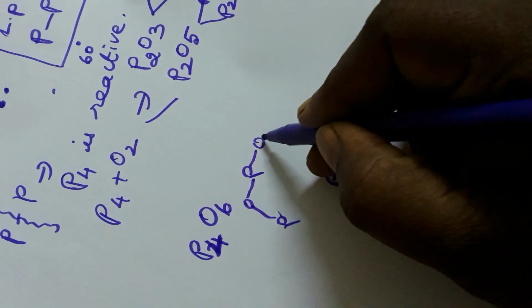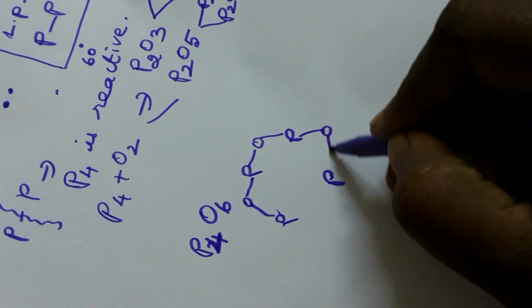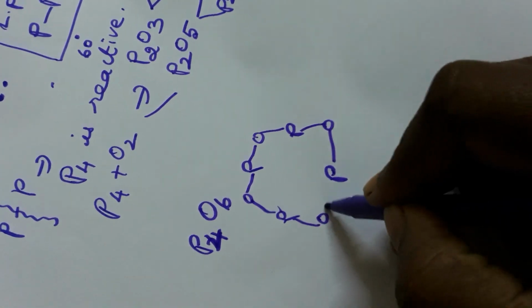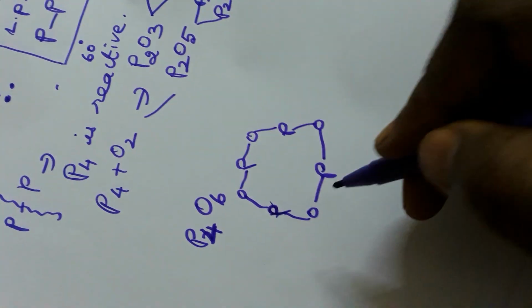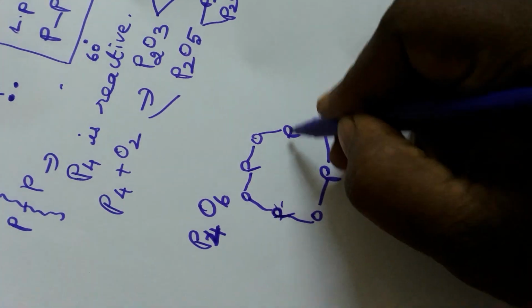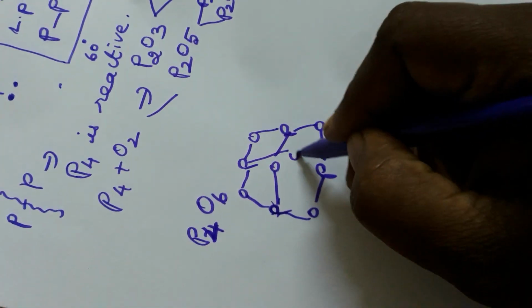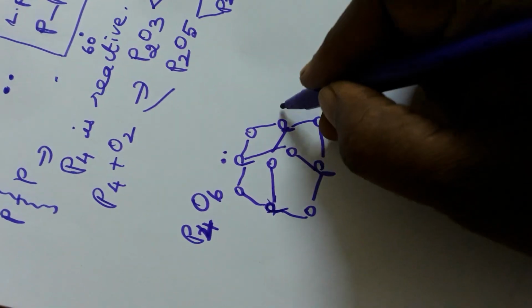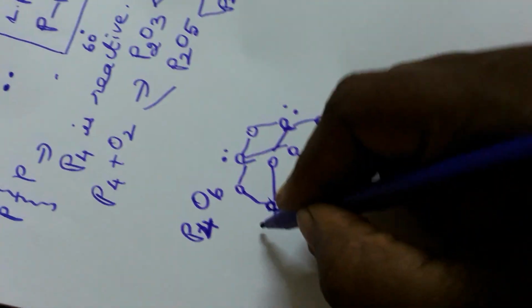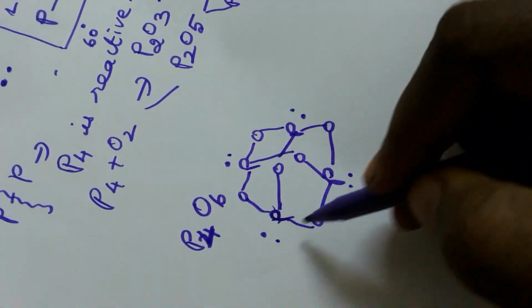Between each pair of phosphorus, 1 oxygen must be present. Here also 1 oxygen, that's all. 4 oxygens over. The 5th oxygen is between these 2 phosphorus atoms, and the 6th oxygen is between these 2 phosphorus atoms. The lone pair of phosphorus is present as usual on the phosphorus atom. So now this is the structure of P4O6.